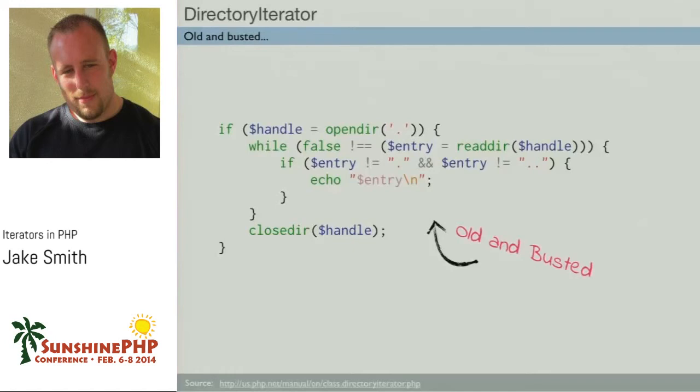I just did a search for list files directory PHP. First thing that popped up, scandir. Next thing, a Stack Overflow example that I pasted right here. First two pages, I didn't find anything that even mentioned a directory iterator.